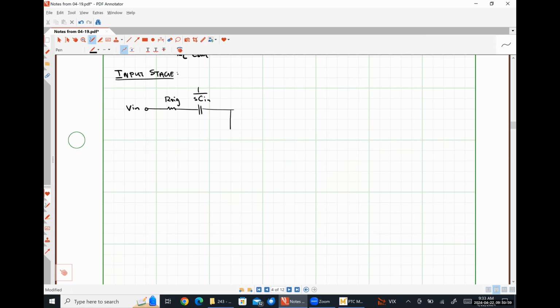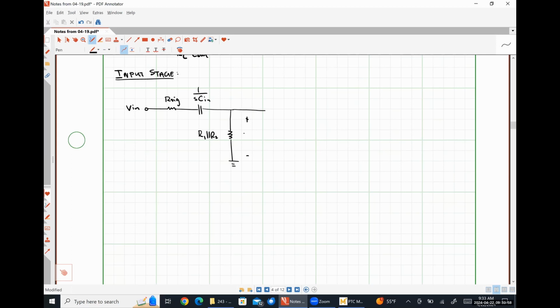Our resistors R1 and R2 are going to look like they are in parallel since VCC looks like an AC ground. This is effectively node X.